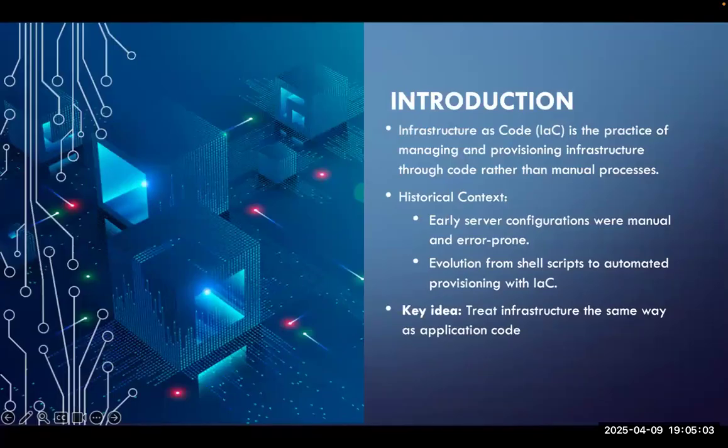Infrastructure as code, IaC, is revolutionizing the way software engineers manage infrastructure. Traditionally, setting up servers, databases, and networking components required manual configuration, which was time-consuming and prone to errors. With the rise of cloud computing and DevOps practices, IaC has emerged as a way to define infrastructure configurations as code, ensuring consistency, repeatability, and efficiency.